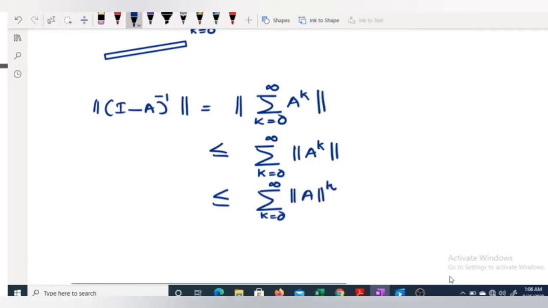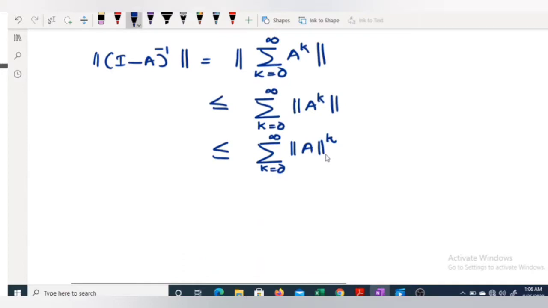Norm of a is actually q. Norm of a is a real number.